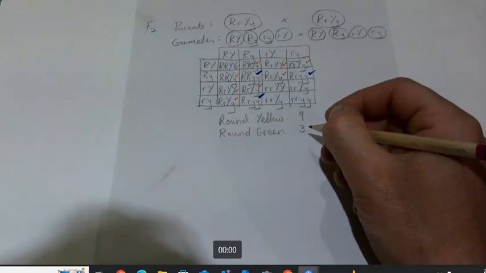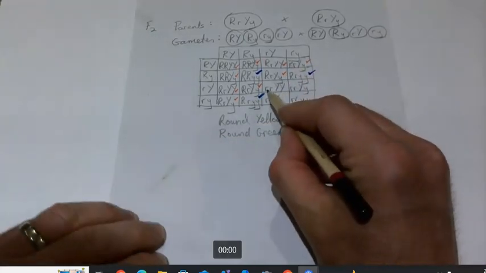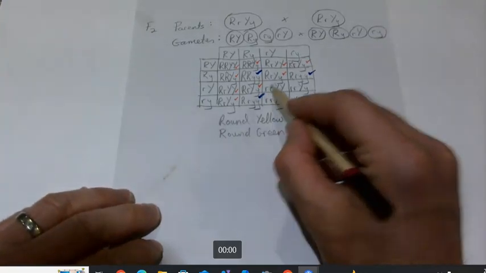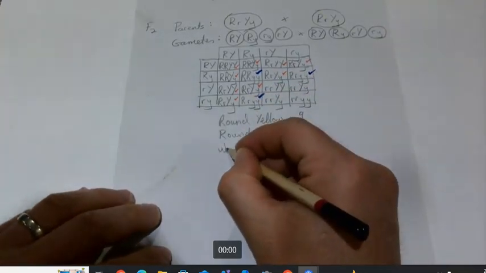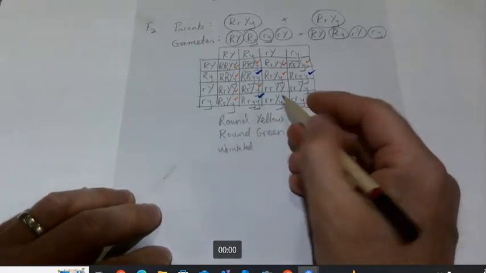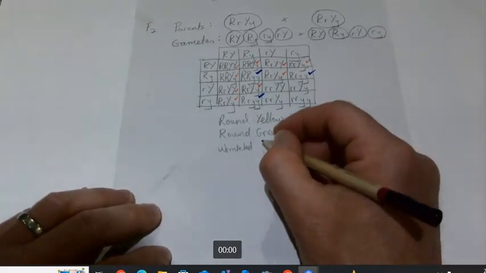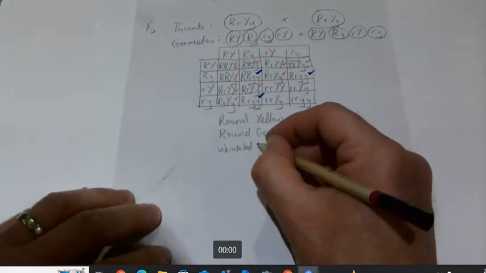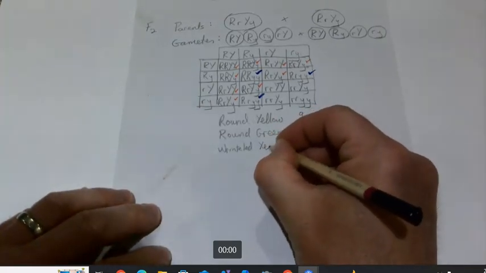The next one we are looking at is this one here. We can see there's two small r's on that, so therefore it's wrinkled. But it has at least one capital Y, so therefore it's yellow. So it's wrinkled yellow. Let's see how many of these we have.